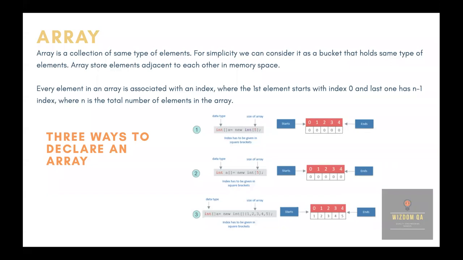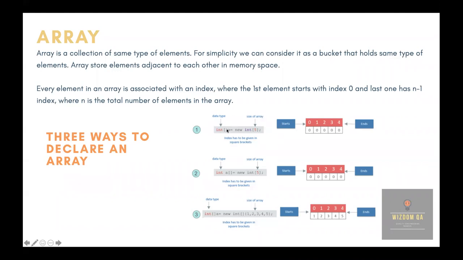So 0 is the first index of the array, and the last index is n-1. If the size of the array is 5, the last index will be 5 minus 1, which is 4. So it starts from 0 and goes till 4: 0, 1, 2, 3, 4.